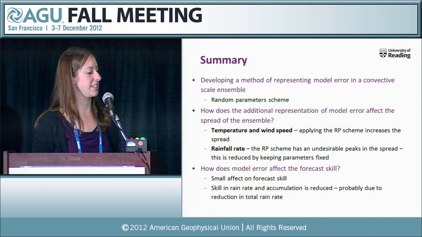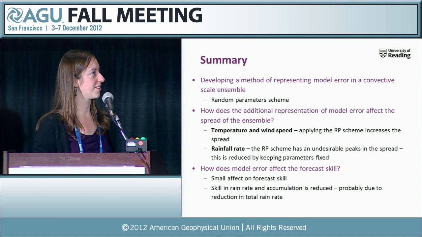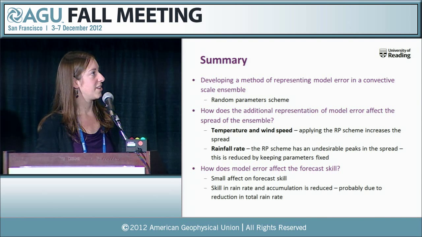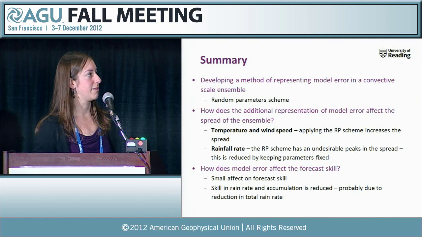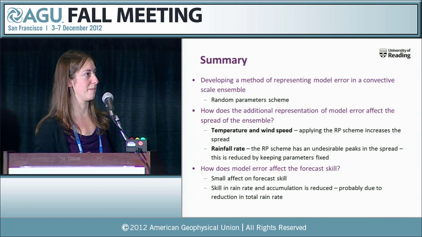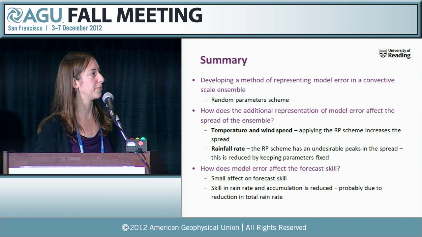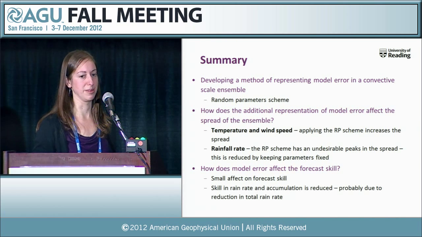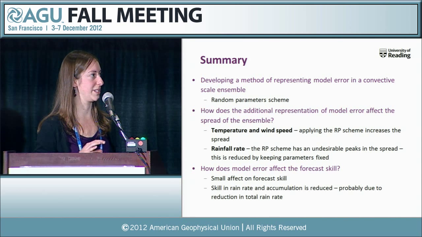So just to summarize what I've just said, we're developing a method of representing model error in a convective-scale ensemble, and we're using the random parameter scheme, which is a perturbed physics scheme.